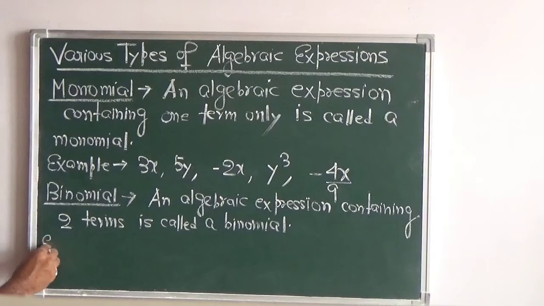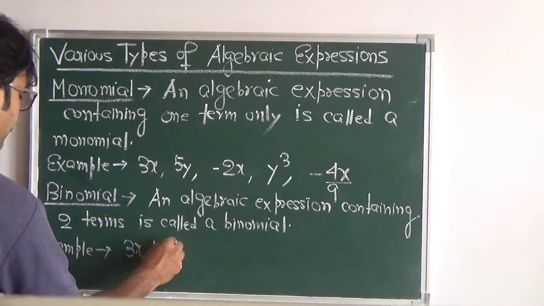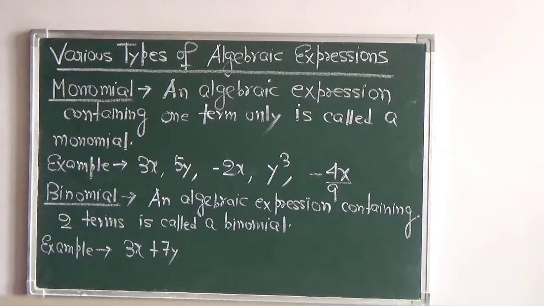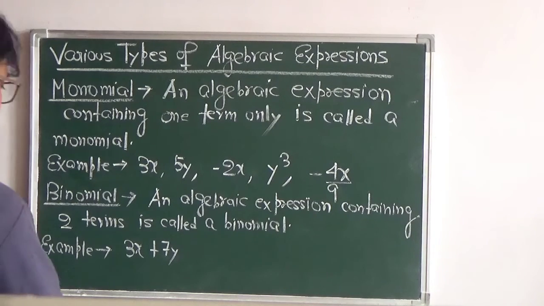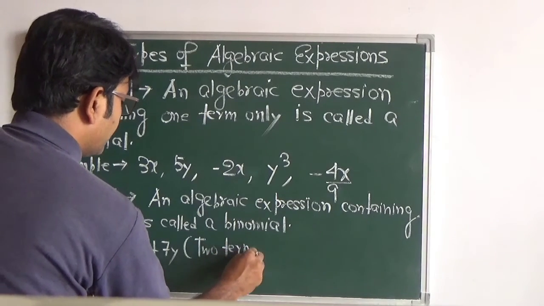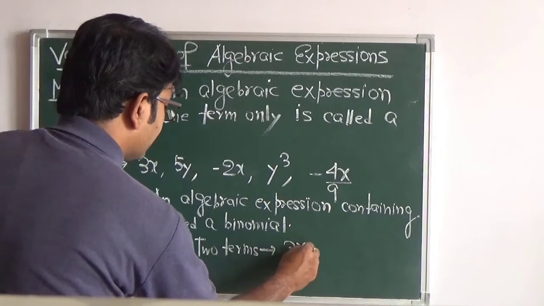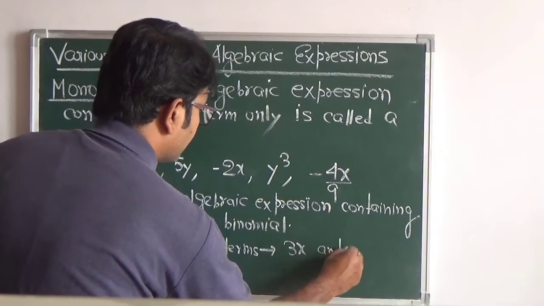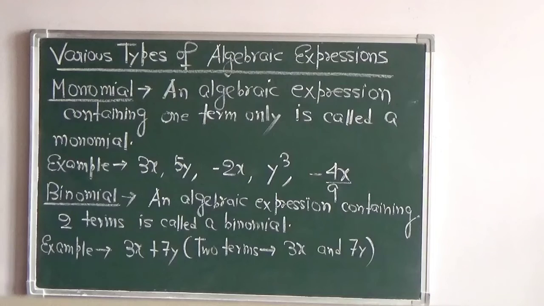So let us take an example to understand what is called a binomial. So you can write 3x plus 7y. This algebraic expression consists of two terms. One is 3x and another is 7y. So if you find any algebraic expression containing two terms, that is called a binomial.